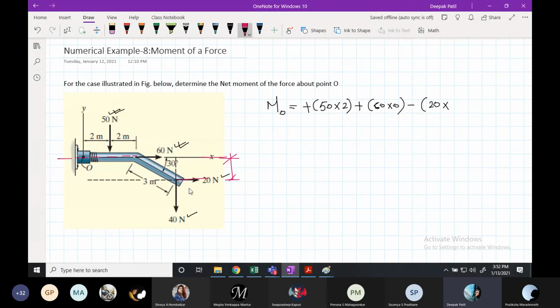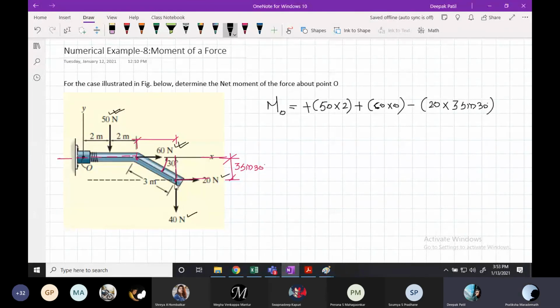And what will be the value of that? This angle is given as 60 degrees, and this inclined length is 3. What will be this distance? 3 sin 30 it will be. This distance will be 3 cos 30, and this distance will be 3 sin 30. So it is 20 into 3 sin 30.